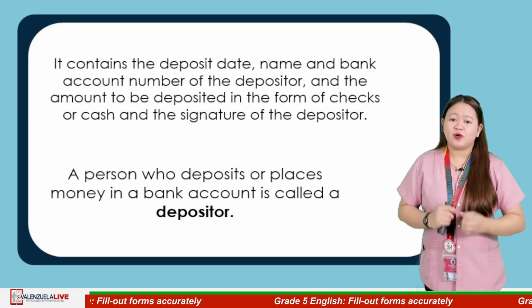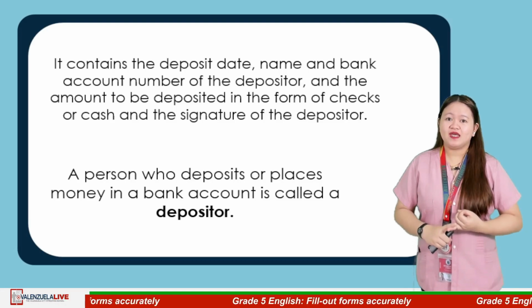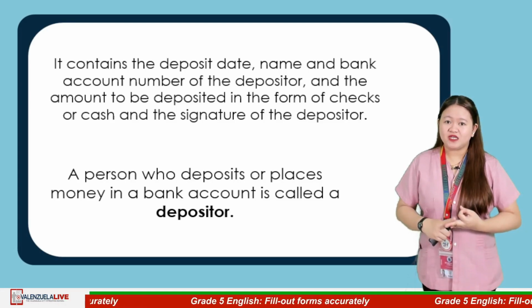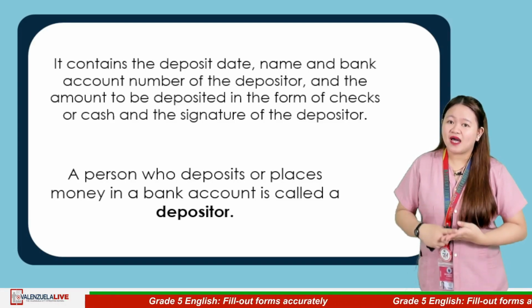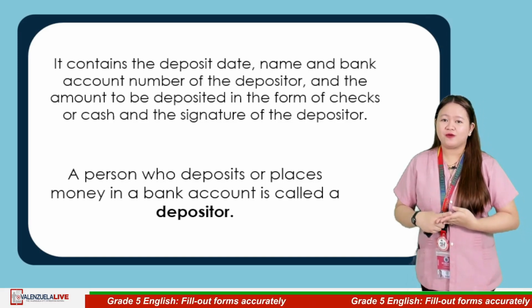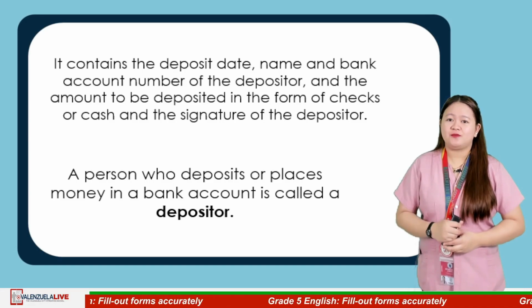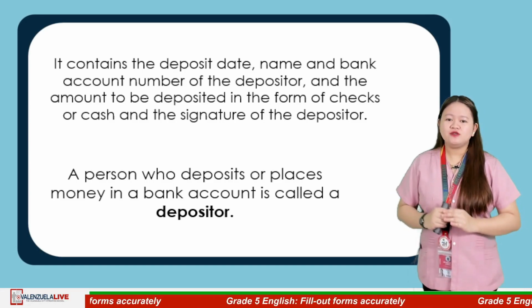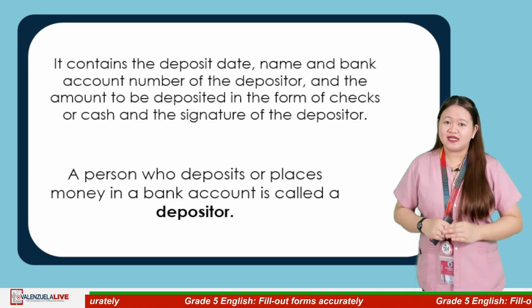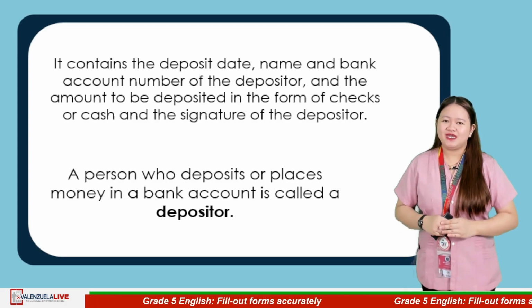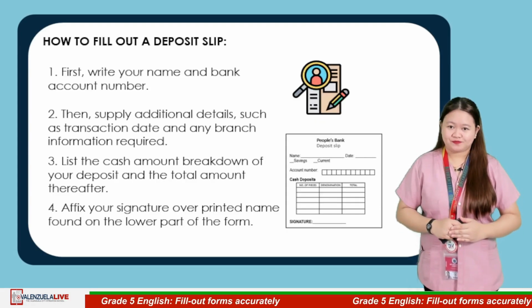It contains the deposit date, name, and bank account number of the depositor, and the amount to be deposited in the form of check or cash, and the signature of the depositor. A person who deposits or places money in the bank account is called a depositor.